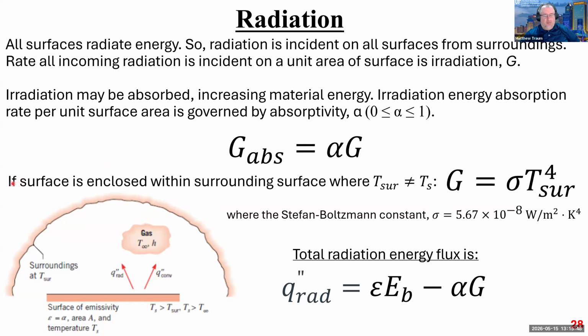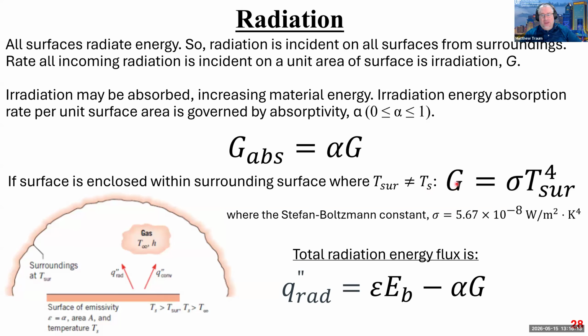Typically, when we solve heat transfer problems, unless you're like a satellite out in space and you're not in thermal communication with anything, your objects are enclosed, surrounded by something. Oftentimes, it's a room. It could even be just the sky, the ambient environment. And more often than not, the temperature of the surroundings does not equal the temperature of the surface.